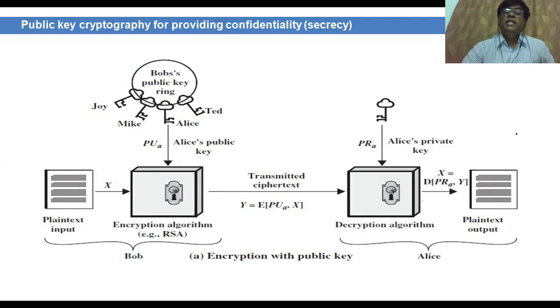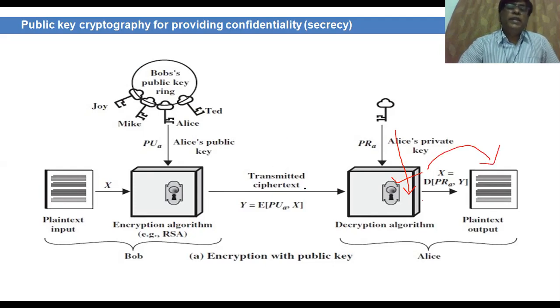So Alice performs the decryption algorithm on the ciphertext Y by using her private key. If the ciphertext is opened using Alice's private key, it will be converted into plain text.